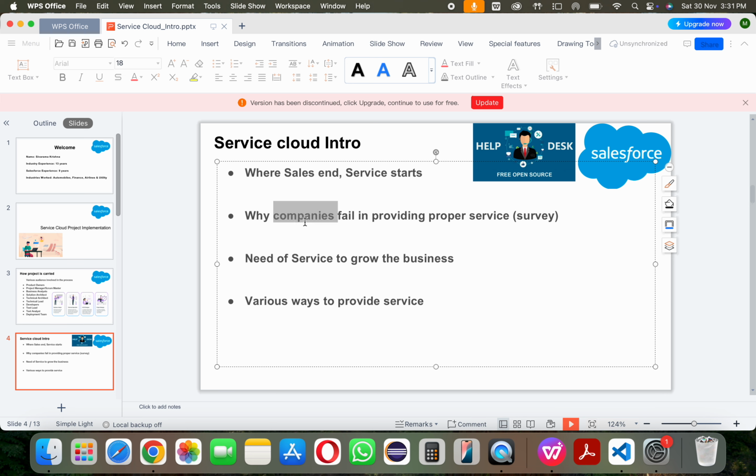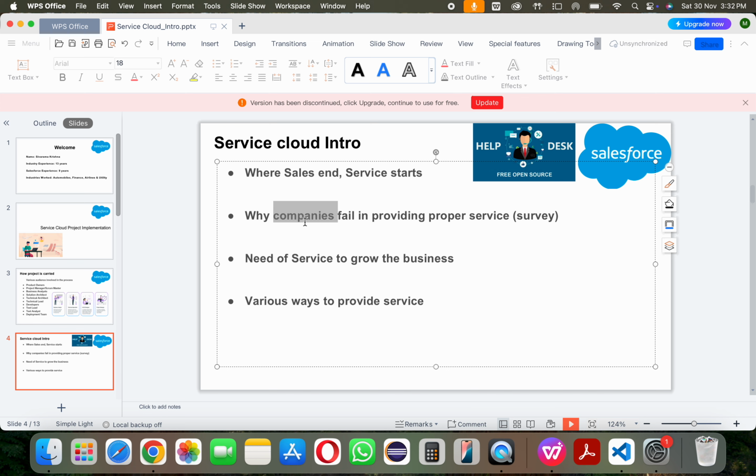As per this survey, if a customer calls you, and customer means someone who has already purchased your product and has some issue with it, and you're not providing a proper response or proper service to him, 50% of the people will leave your company. They don't want your product anymore.